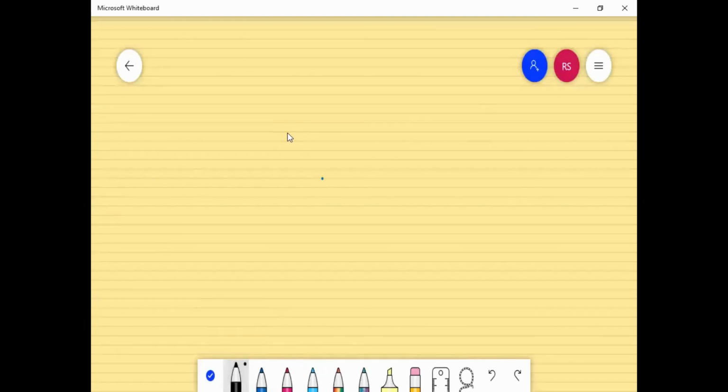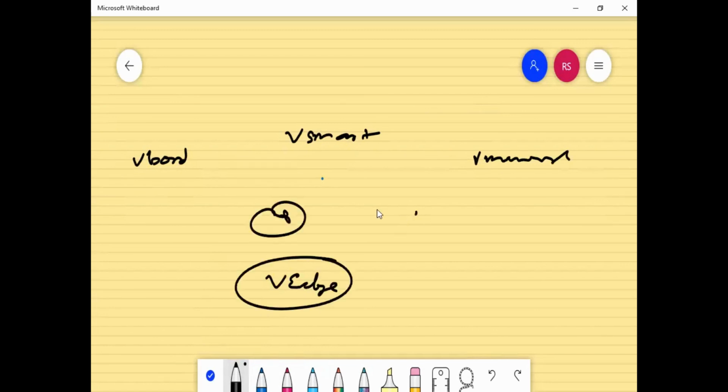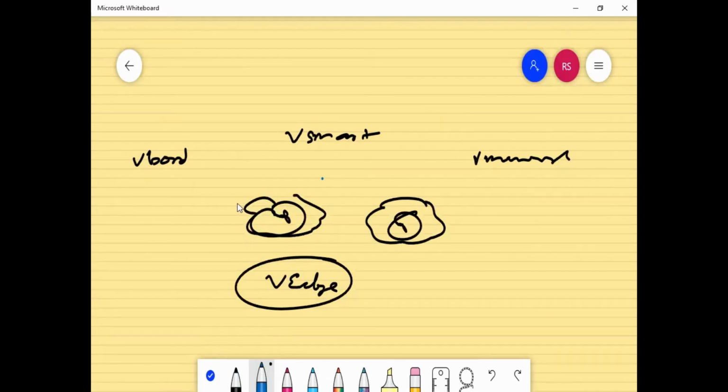Okay, so let us say this is your vSmart, this is your vBond, this is your vManage, and this is your edge device, maybe vEdge, whatever the in-between media, we are not talking about that. What is the tunnel which will be created between vEdge and vBond?